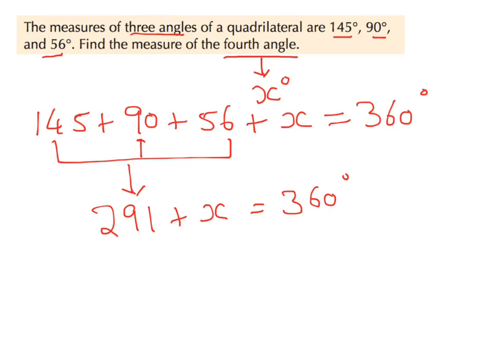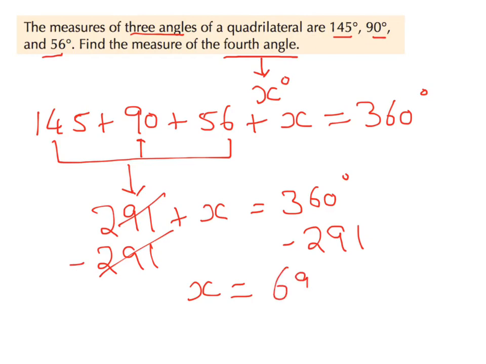We need to find x. We have to remove 291. How will we remove 291? Minus 291 on both sides. So x is equal to 360 minus 291, which is 69 degrees. So x is 69 degrees.